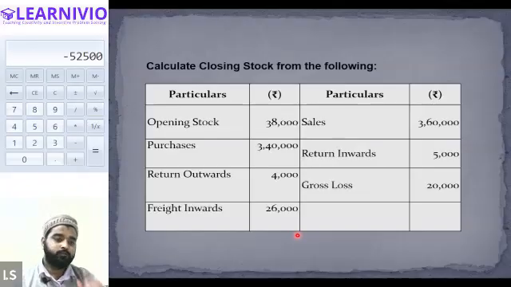In this question, we need to find out the value of the closing stock. This time, instead of gross profit, we have gross loss in the question. So in order to find out the value of the cost of goods sold, what do we usually do? We reduce the gross profit from the net sale.